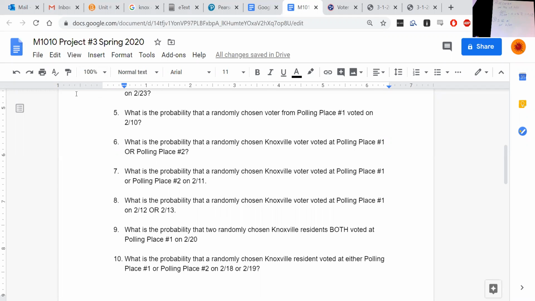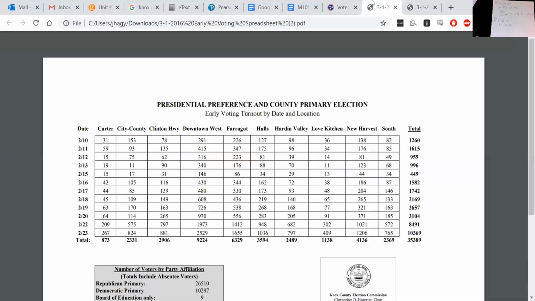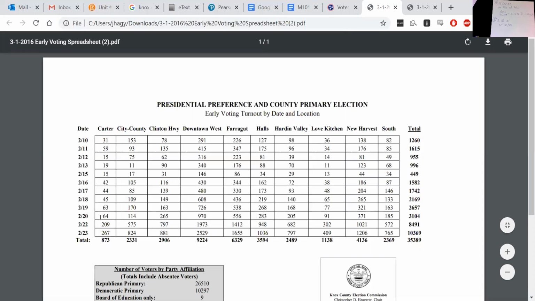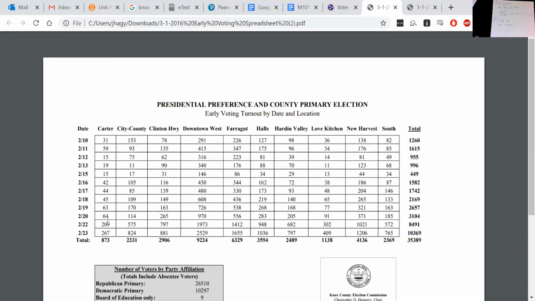If we go to the data, what is the probability that two people voted at the same place on the same day? So two people voted at Carter on 2/20. Well, the probability that someone voted there on that day is 64 out of 35,389.